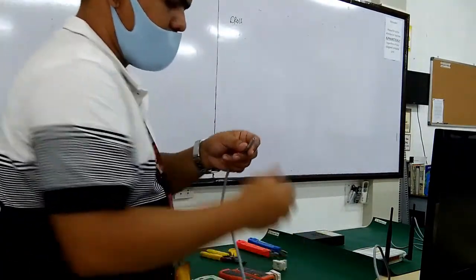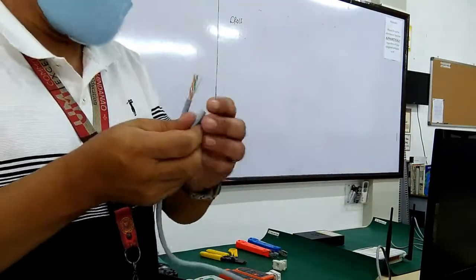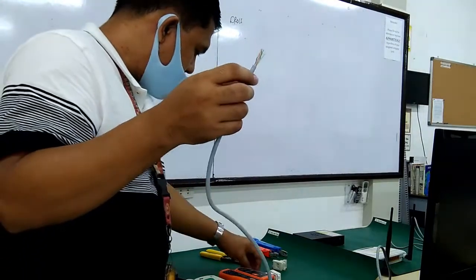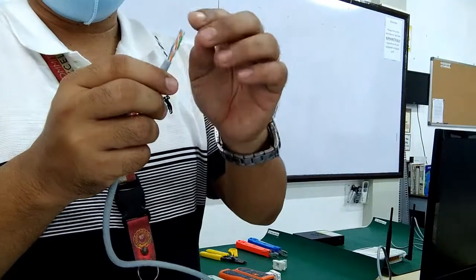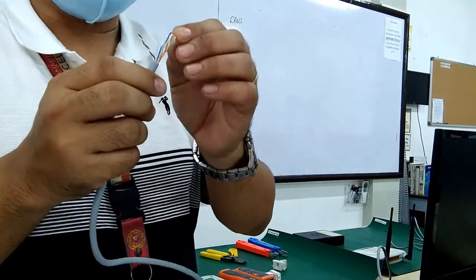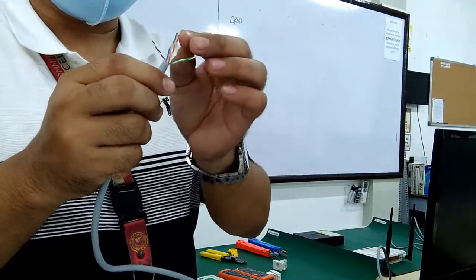Then I'm going to remove this one. Now this is the inside of your UTP cable. There are 4 pairs that are twisted.